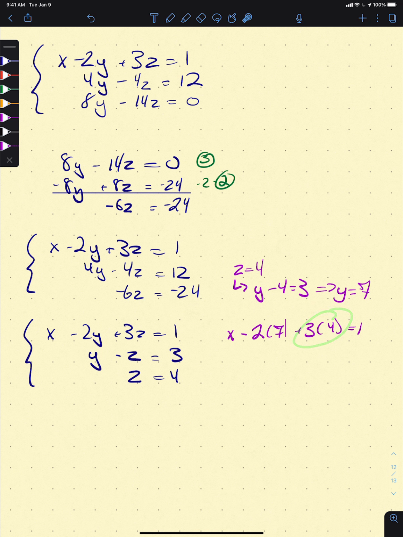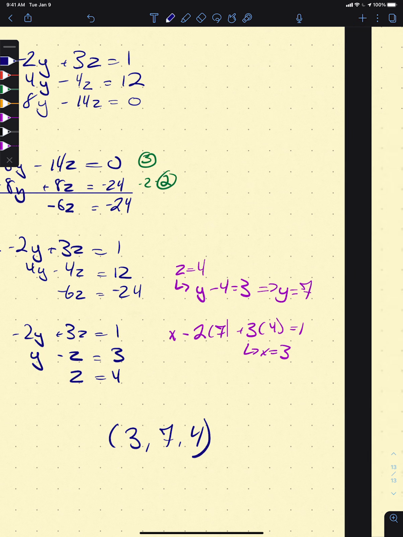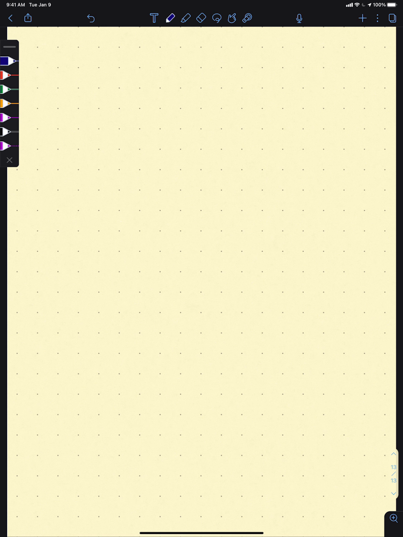Okay, we move this 12 over, we move this negative 14 over, and we're going to get that x equals 3. Okay, and that's going to leave us with the final solution of x equals 3, y equals 7, and z equals 4.